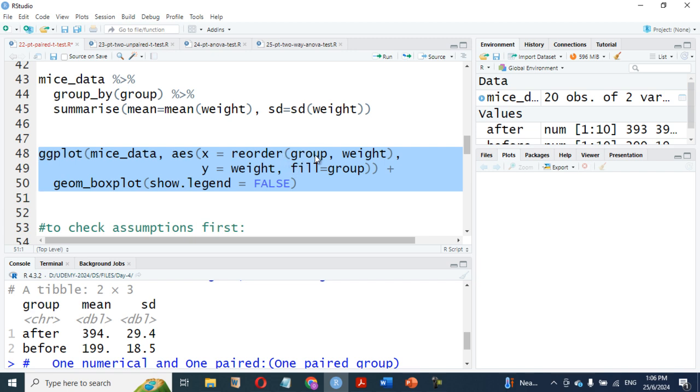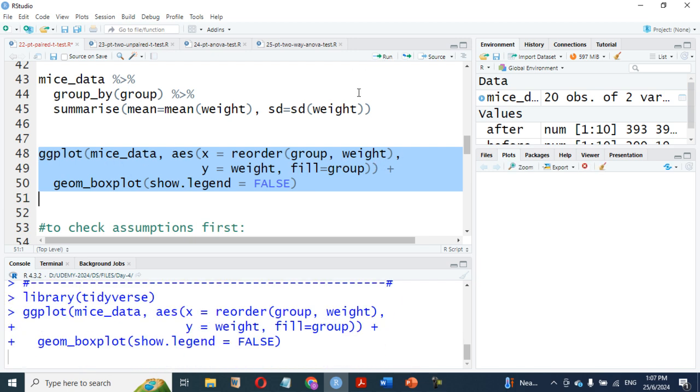So now what I want to do, I want to rearrange it by group, so that it will be before then after. It would just put group after alone, then before later, because it will follow A, B. So I want it to be B, A. That's what I'm trying to do here. Nothing special here, just for the order. All right.